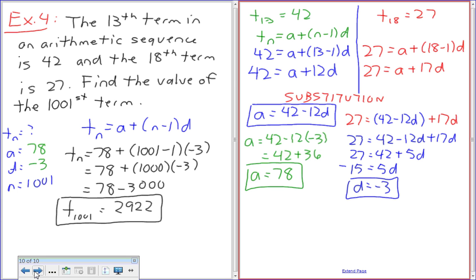So what you're saying is, you want me to write this as A then equals 27 minus 17B, and then you're going to say 42 minus 12B is equal to 27 minus 17B, if that's better for you? Does that work? Yes. Yeah, because I did that and I got positive. You must have a plus and a minus, right? It should work out to be exactly the same. I'll do it on the board after.